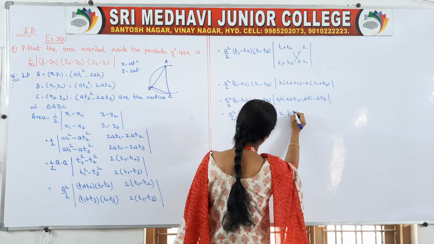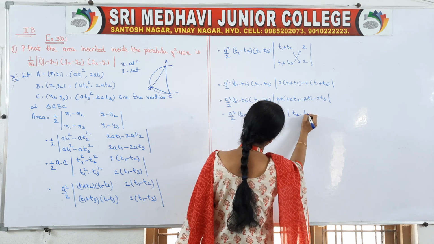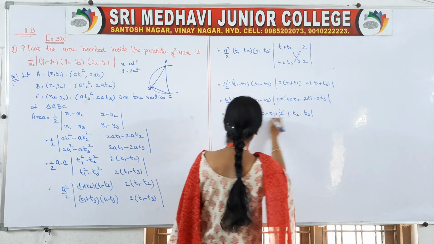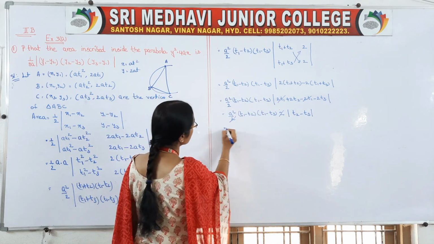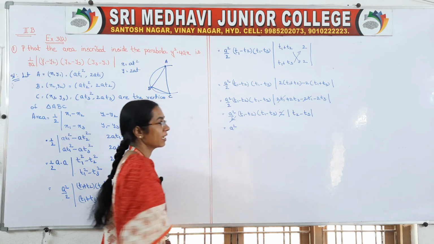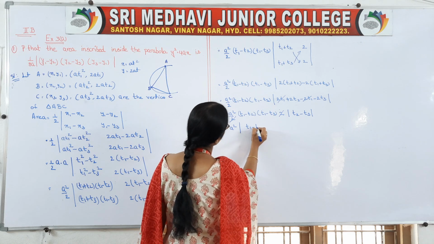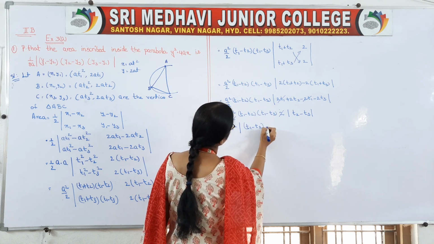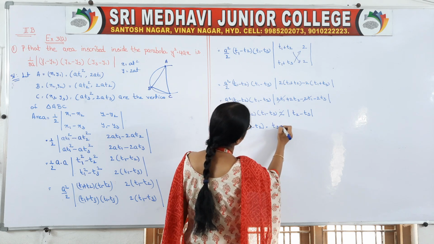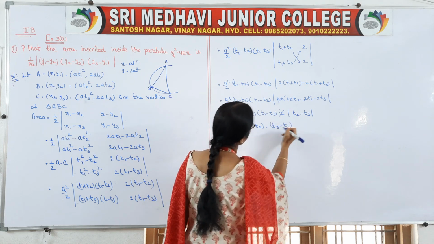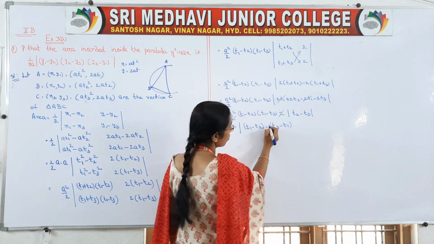Then modulus of, what is the value? T2 minus T3. These two will get cancelled. Now send all these values inside the modulus. So what happens? T1 minus T2 into, here I will write this as T3 minus T1, okay, and this value is minus of, right?